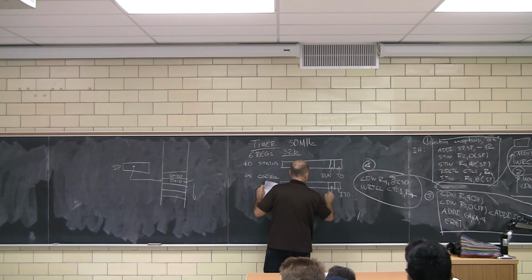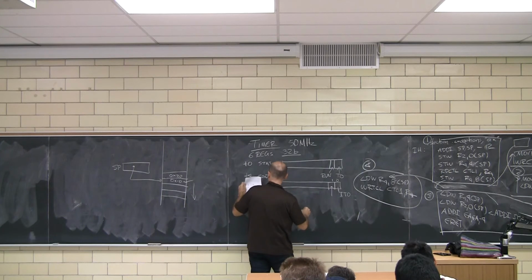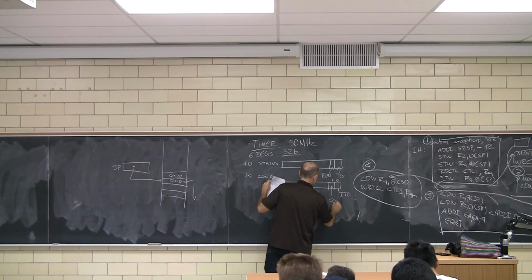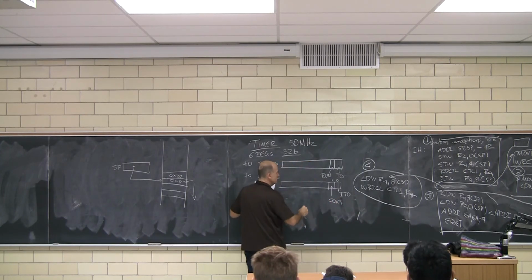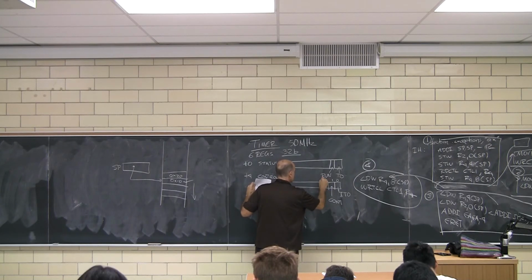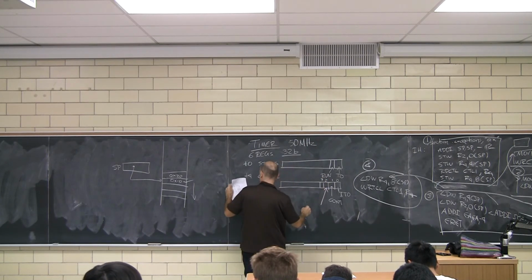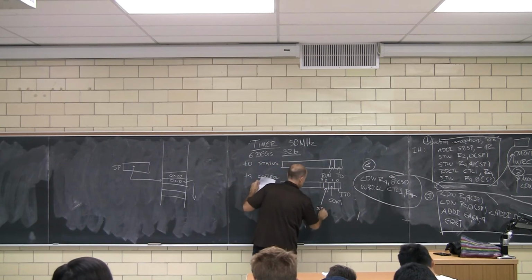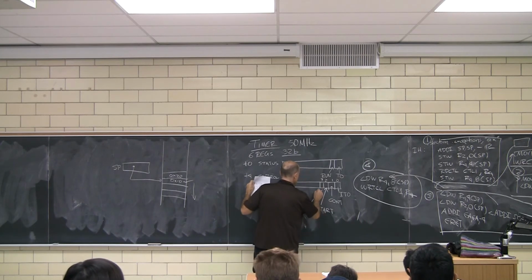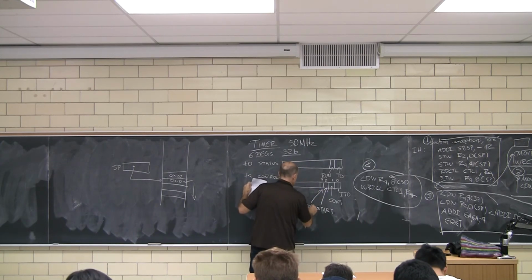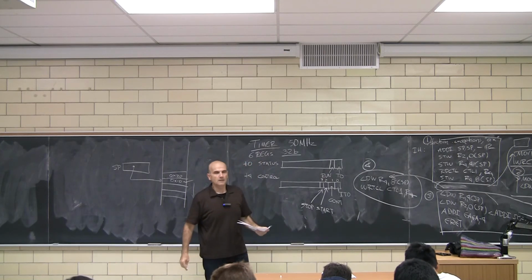These are all single bits, right? This is 0, 1. I'll explain what cont means. And then you have start and stop.